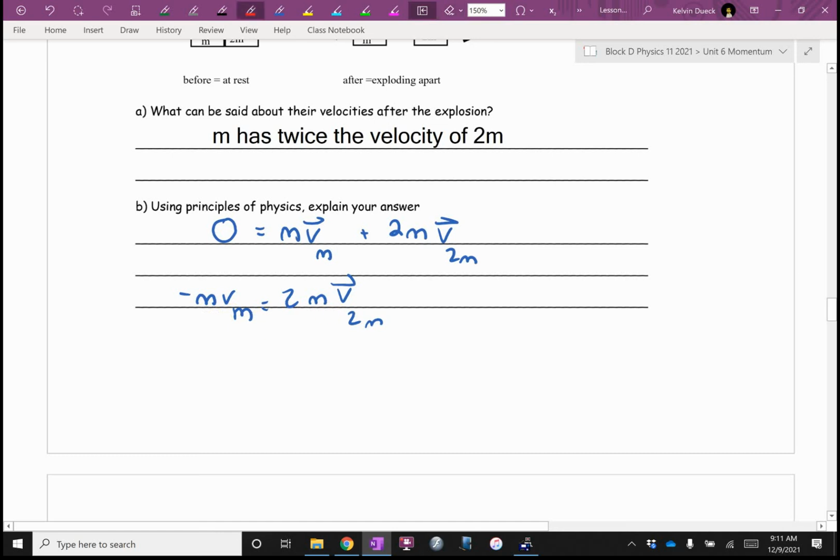They're going to cancel. If I divide by m, we're going to cancel. We get this: negative velocity of m equals twice the velocity of 2m.